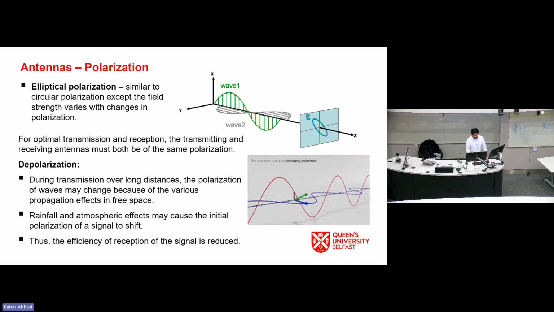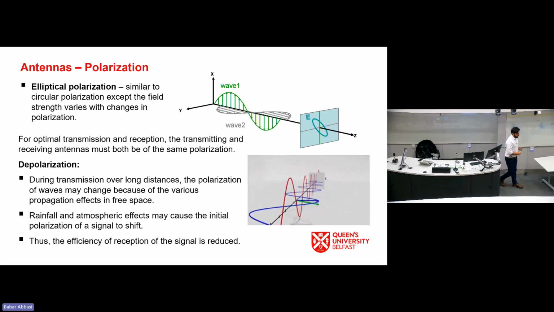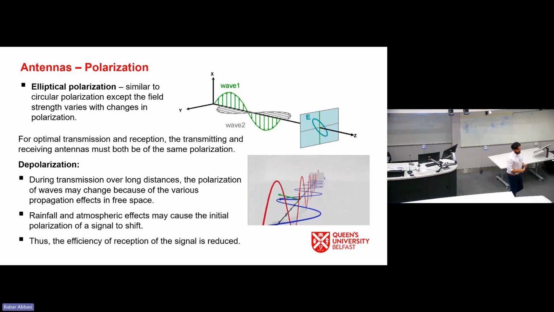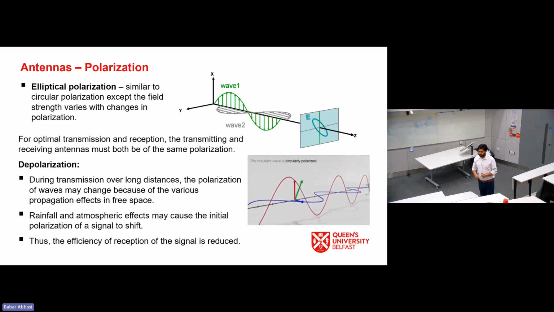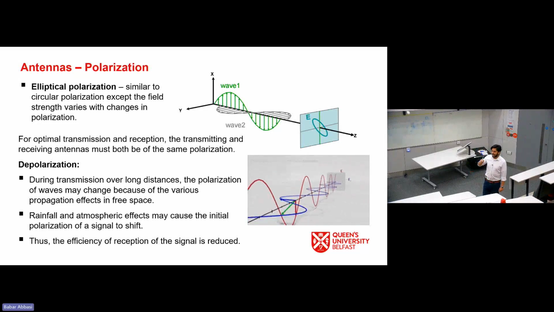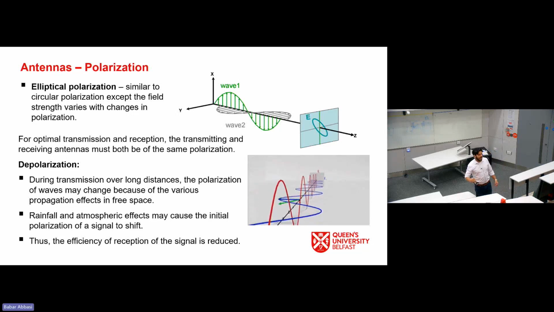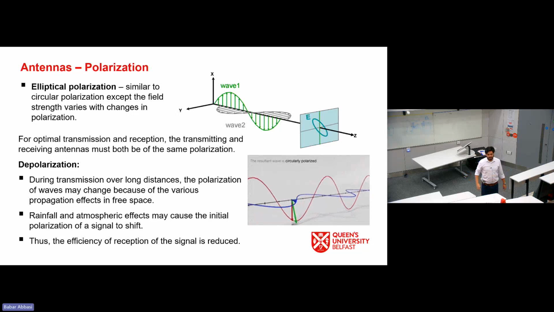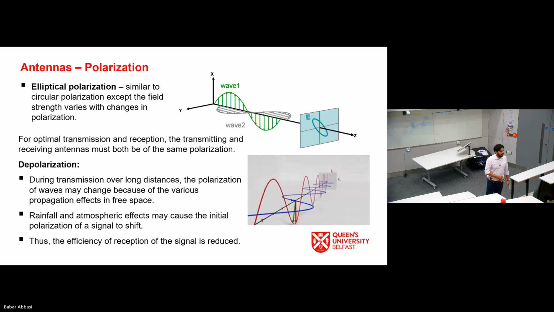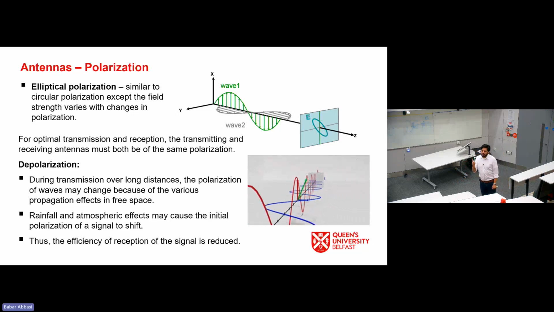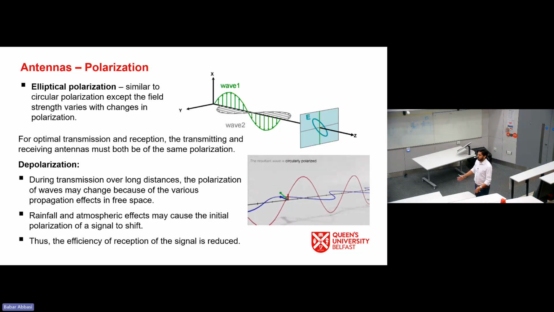Okay, elliptical polarization. So here's a concept. In an ideal world, pure circular polarization is possible, which means an electric field changing its orientation as one wavelength completes. But in real life, pure circular polarization at one particular frequency is okay, but for a wider bandwidth it is not possible.